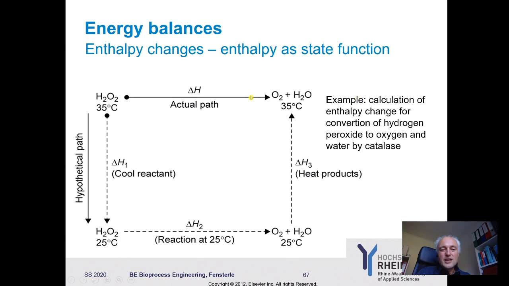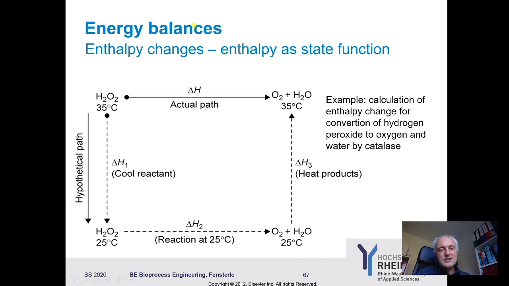And if you then want to calculate an enthalpy change for reacting peroxides to oxygen and water at 35 degrees, however, the tabulated values for your reaction heat are at 25 degrees, then what you do is simply cool the H2O down to 25 degrees, calculate the enthalpy change, take the listed enthalpy change for the heat of reaction, and then heat again up to 35 degrees and sum everything up.